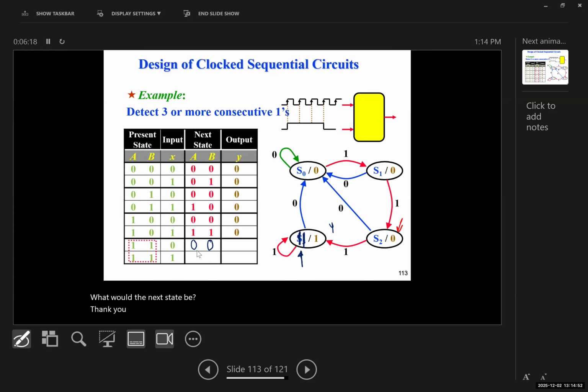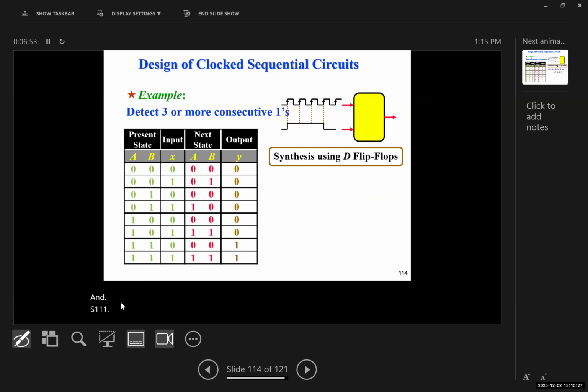What if we go from 1, 1 with the input of 1? What is the next state? 1, 1, thank you. And what is the output? 1. So 0, 0, and yes, 1, 1, 1.